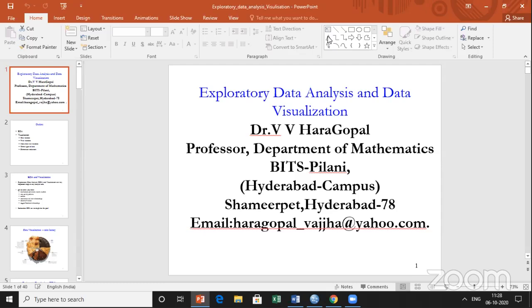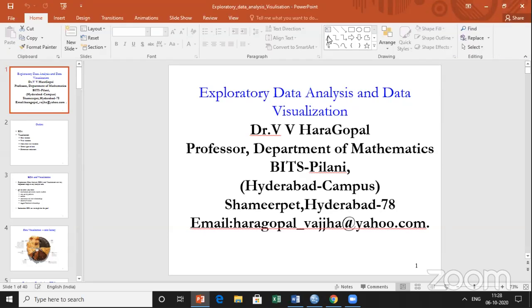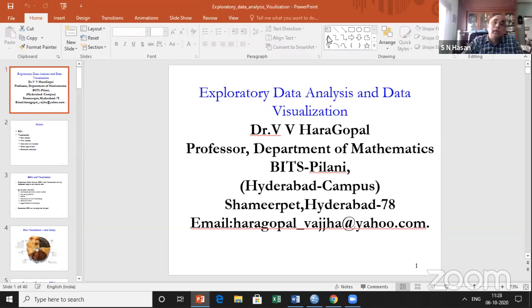One has to realize that statistics has become essential in research these days in all areas. Maybe there are some areas in mathematics where they may not be using statistics, but in applied maths, physics, life sciences, and chemistry, it has become extremely essential. You send any paper, they ask you for the statistical backing.